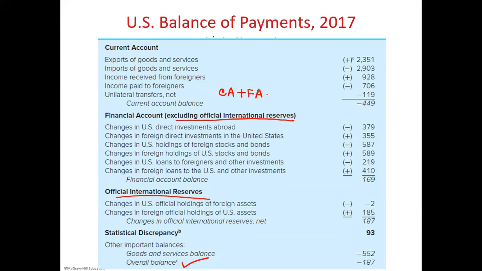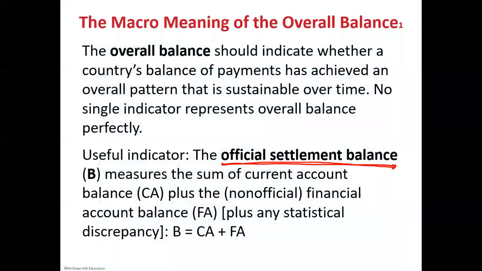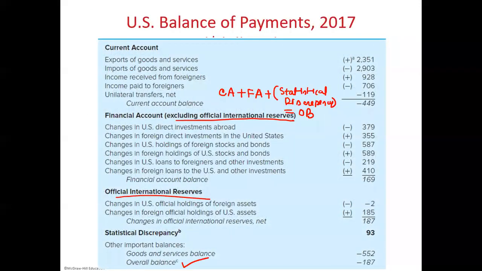And we need to adjust for a statistical discrepancy. And this amount is known as the overall balance. This is equal to the overall balance. We are denoting it simply as B. But what is B?